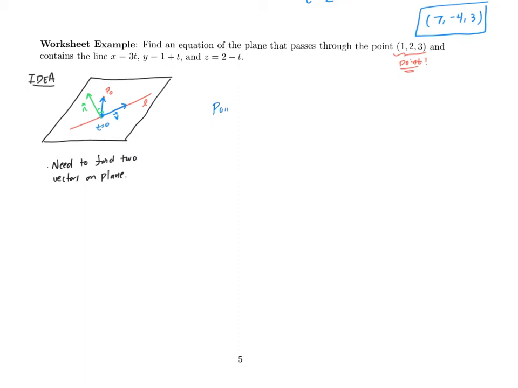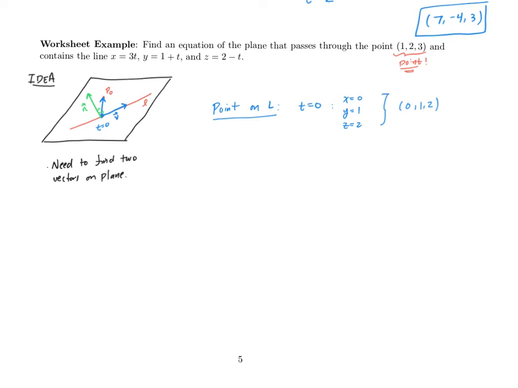So the first thing I want to do is note, what is this point on the line? And we can get a point on that line corresponding to any value of the parameter. If we set t equal to 0, we see x is 0, y is 1, z is 2. This is telling us a point on the line is (0, 1, 2), corresponding to when t is equal to 0.